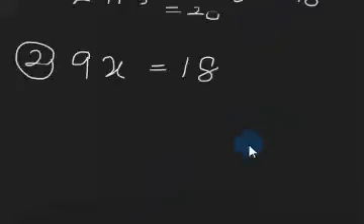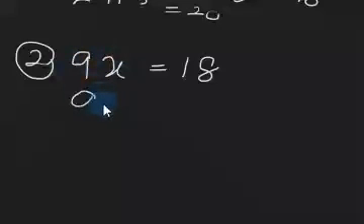Here, with x, there's a 9. Then you have to find what is the relationship between 9 and x. What is the mathematical operation in between 9 and x? That is multiplication. So what you have to do to remove it? You should use the opposite mathematical operation of multiplication. That is division.